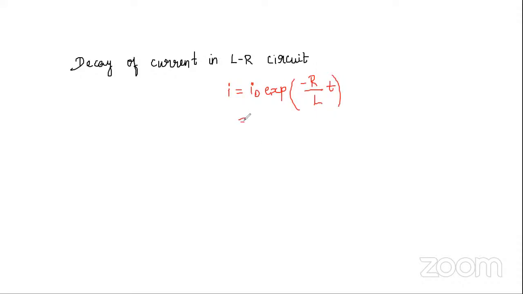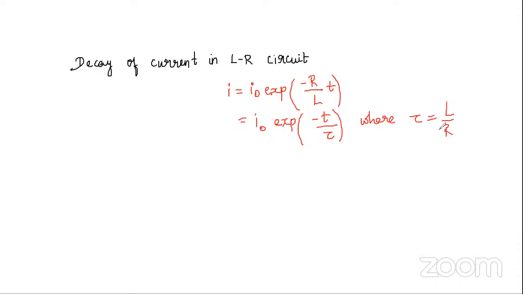So I equal to I naught exponential minus R by L into T. This can be simplified to minus T by tau, as you know very well, tau equal to L by R. That is the inductive time constant of the circuit.